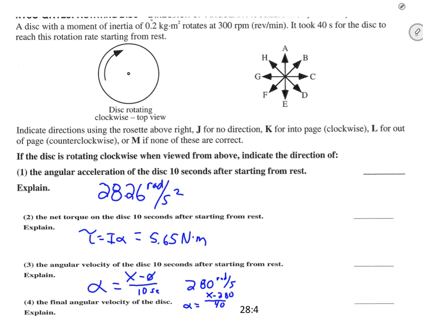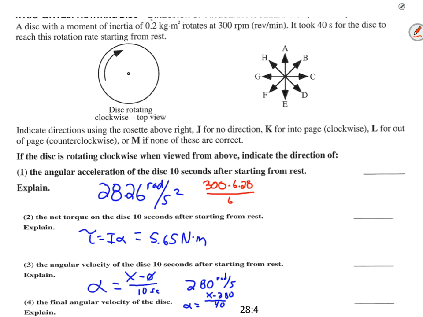No, the first one's angular acceleration, number one. But the given is RPMs, which is revolutions per minute. So what I would do to solve that is just take your 300, and that's a revolution. I would convert it to radians per second.